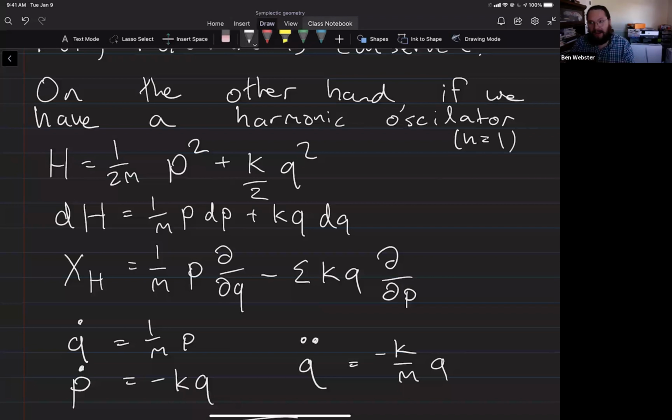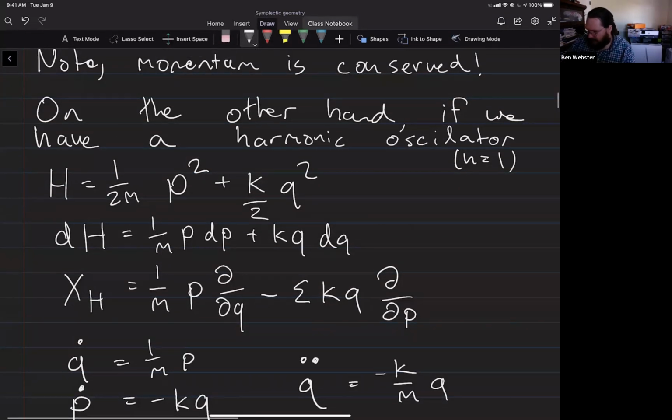I have my kinetic energy term, p squared over 2m, and I have my potential energy term. As I go away from the origin in either direction, my potential energy increases, because the spring is trying to pull me back toward the origin. The k/2 is a constant that measures how strong the spring is, how hard it pulls back when I go away from the origin.